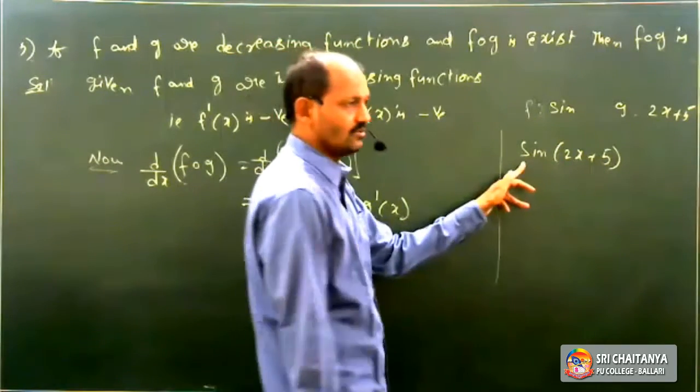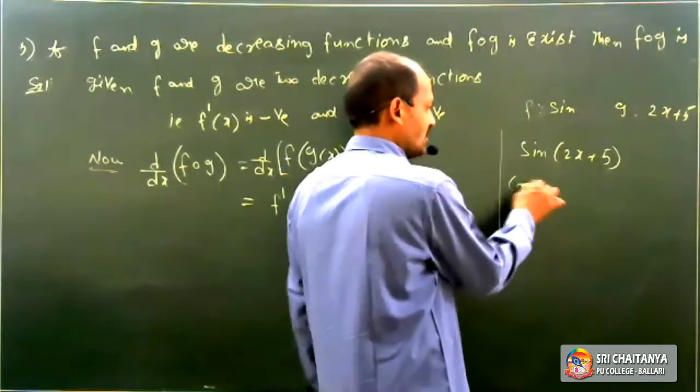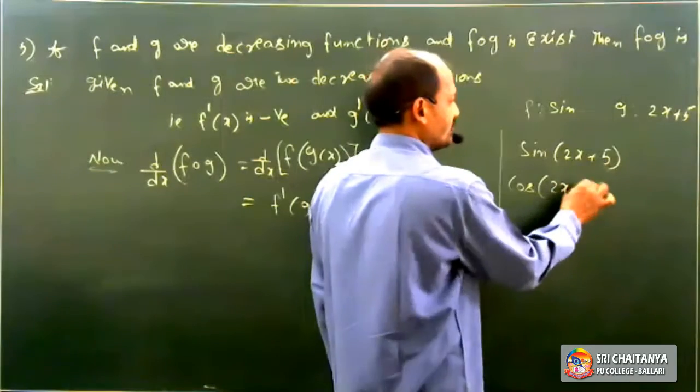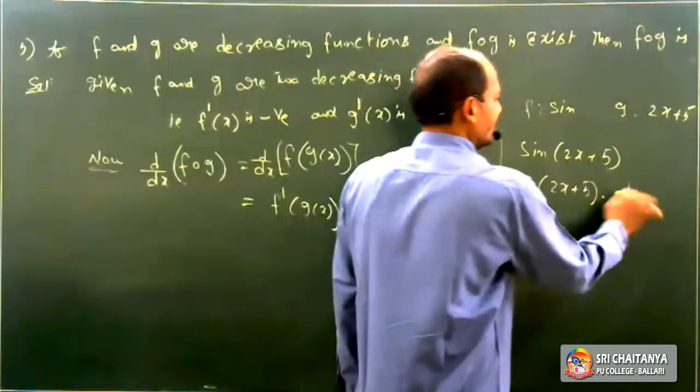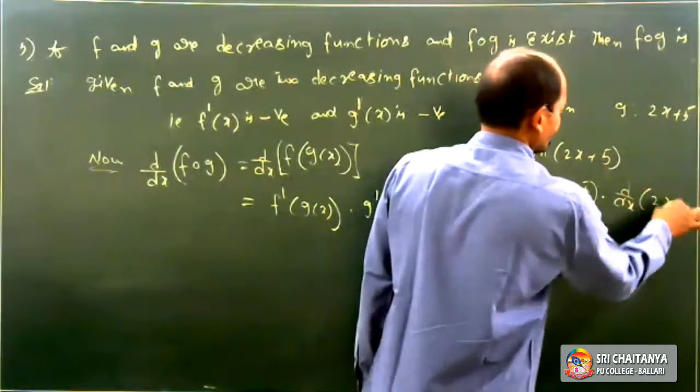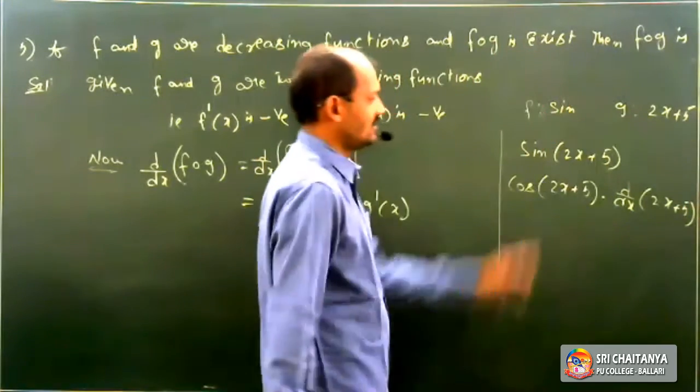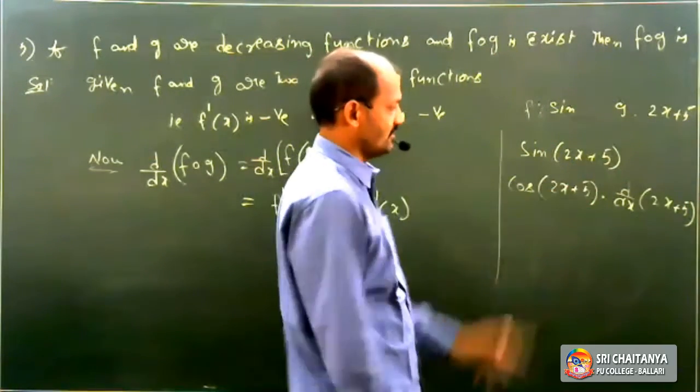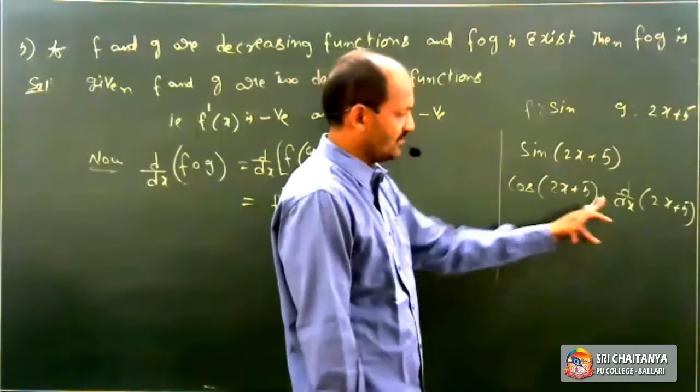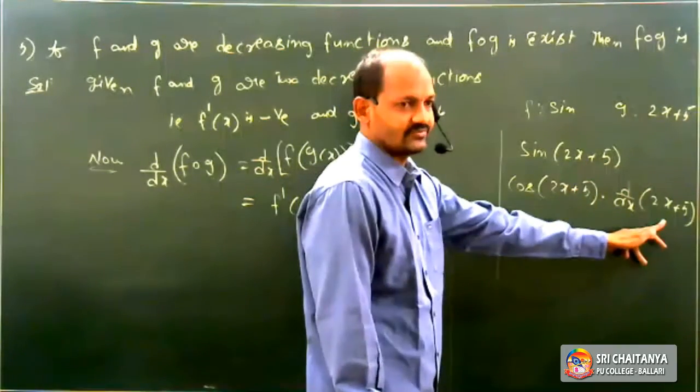How to differentiate? The derivative of sin is cos. That means cos of 2x plus 5 into the derivative of 2x plus 5.